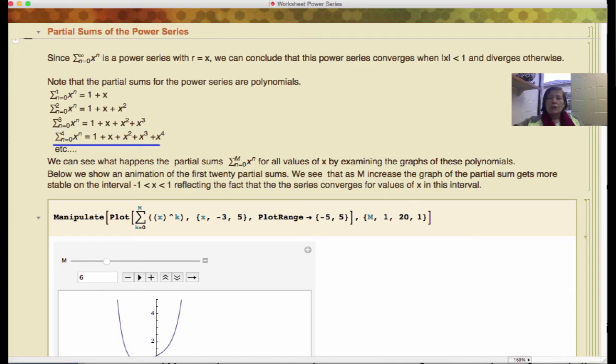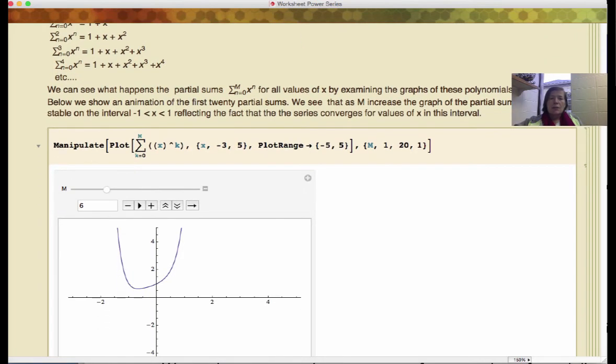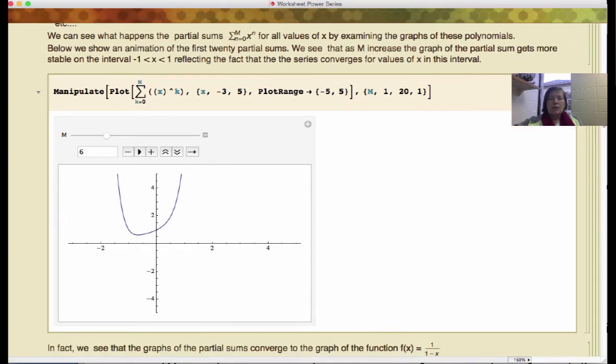Here we're going to plot the graphs of these polynomials, 1 plus x plus x squared, etc., up as far as x to the m. Or, in other words, in summation notation, the sum from 0 to m of x to the power of k.